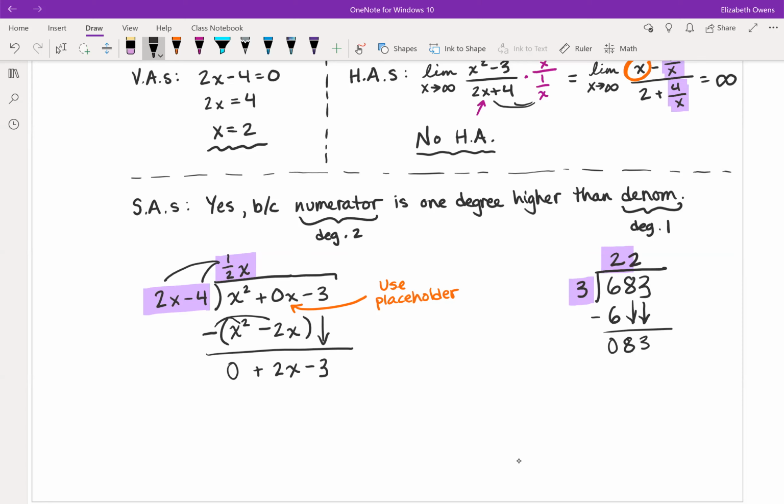And so over here, we're going to say, how many times does 2x go into 2x? Or the other way of thinking about it, what do you need to multiply 2x by in order to get 2x? In either case, your answer is going to be just 1. So that's what we need to put up on top here, a positive 1.